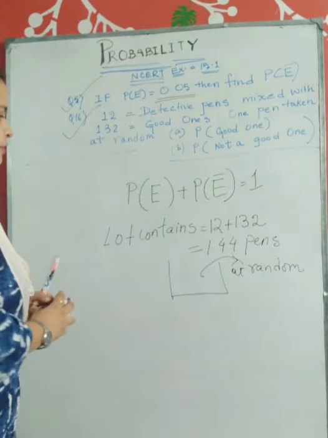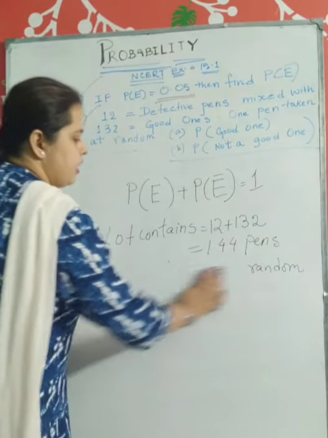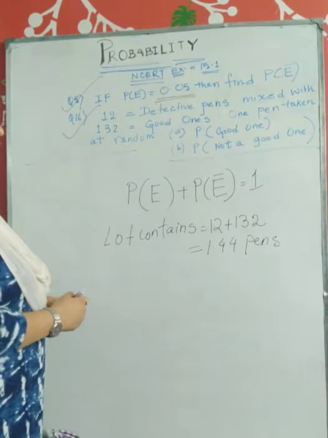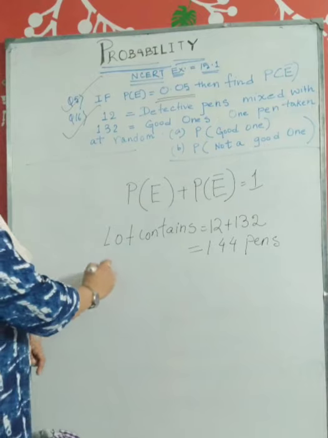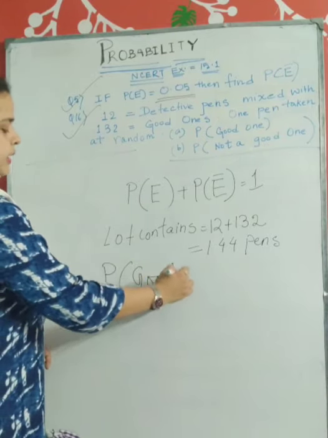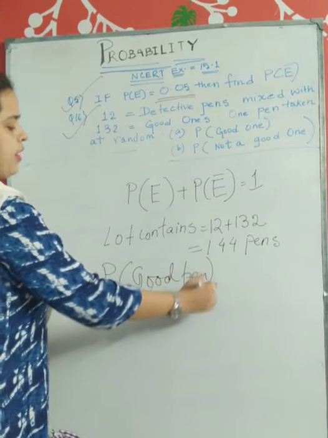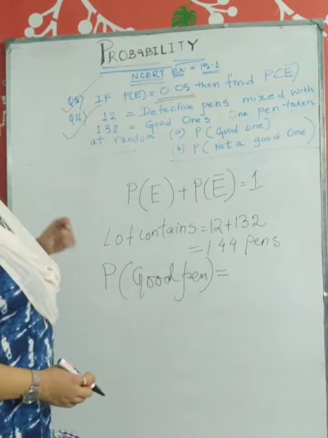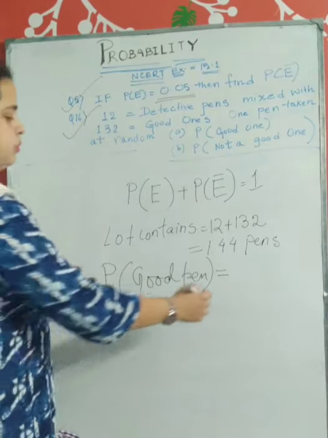So let's apply that formula. It's better that every time you write down the formula for your own help. So the probability, as for the first question, of getting a good pen in a random pickup: let's count the total number of good ones, that is 132.